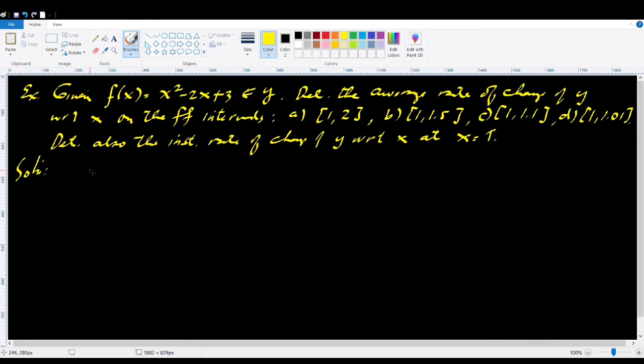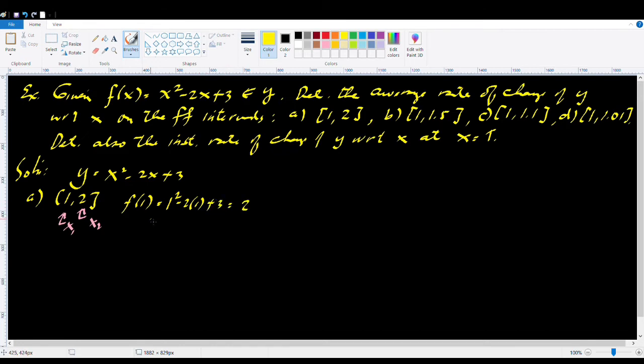Alright, so our y is equal to x squared minus 2x plus 3. For letter A, the interval is 1, 2. So that means that our x sub 1 is 1 and our x sub 2 is 2. So we get f of 1, which is equal to 1 squared minus 2 times 1 plus 3.